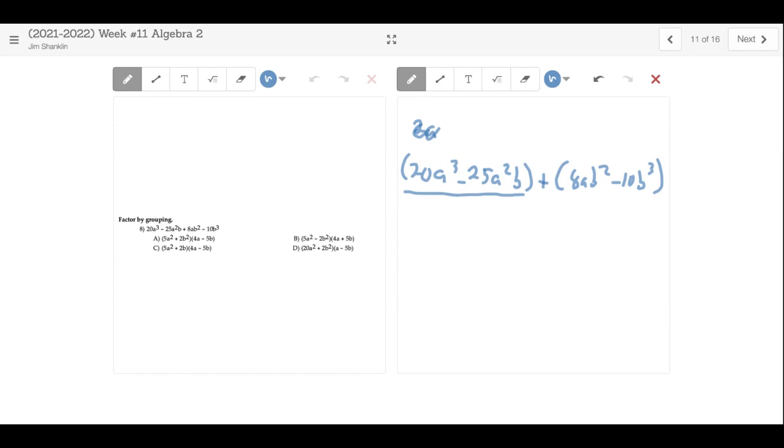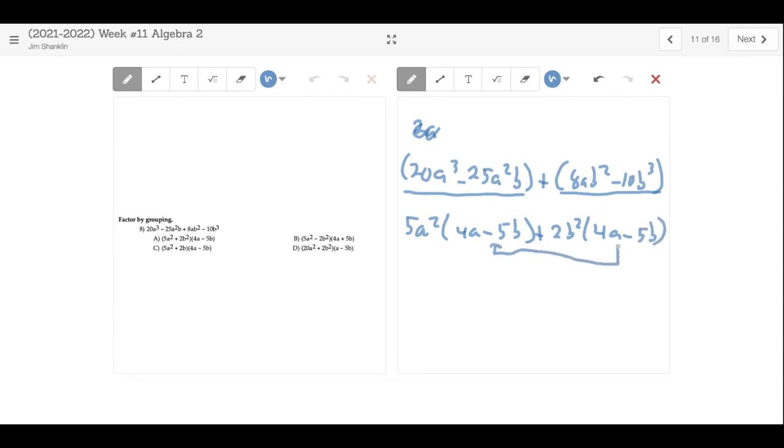5a squared. Agreed. Very nice. So I'm going to pull out a 5a squared. That leaves me with 4a minus 5b plus. And then I'm going to factor out the greatest common factor here. 2b squared. 2b squared looks like it. So 4a minus 5b.